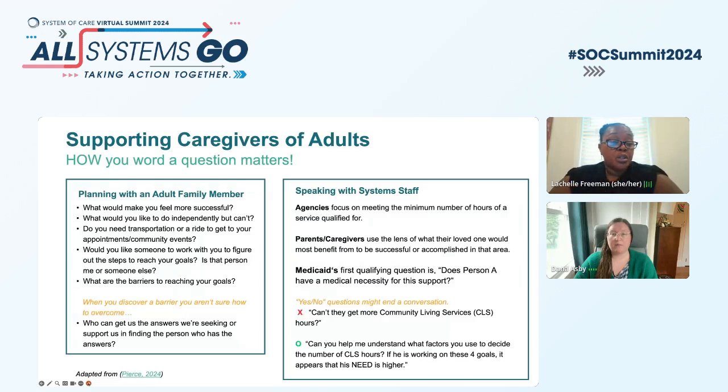Okay, so we're talking about speaking with system staff. Agencies, everybody has their own areas of focus, right? So agencies will kind of meet their goals in terms of how many hours they're supposed to do, what services do they actually qualify for.